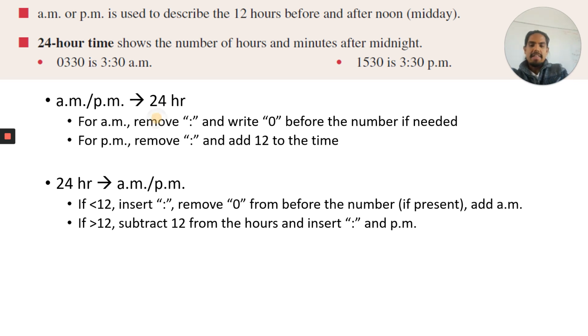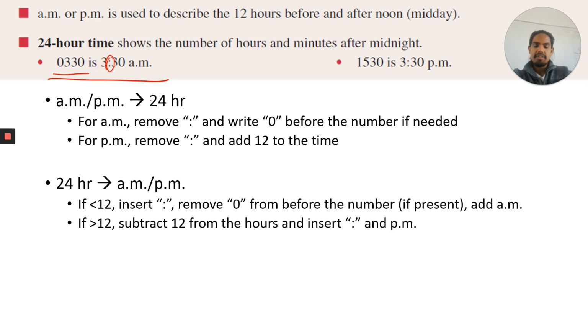So note here that for 24-hour time and AM, they both look very similar. The only difference for AM and 24-hour time is that our 24-hour time has a 0 before it, or I should say we are always having 4 digits, whereas in AM we don't have to.